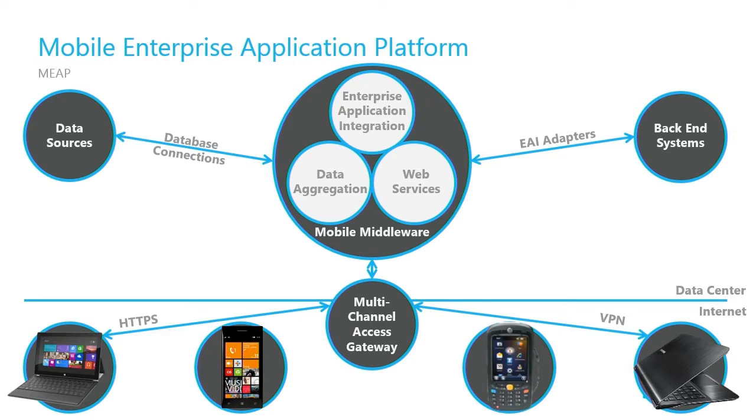And then on the other side, backend systems: Dynamics, SAP, PeopleSoft, Oracle Fusion, things like that, or bespoke, custom-built back-end systems. You will connect to those via a variety of EAI adapters, or web services. And then you have those database connections, your ADO.NET, OLEDB, ODBC, things like that.